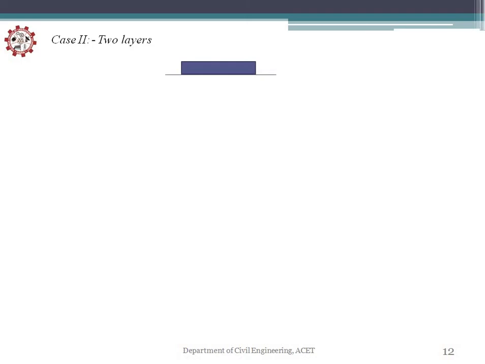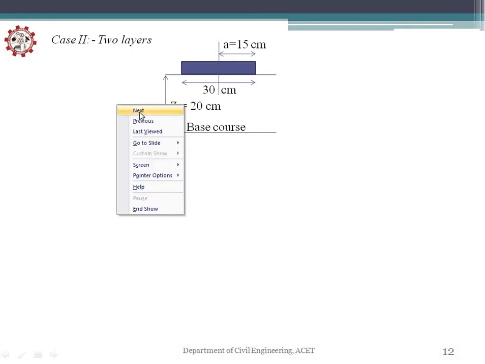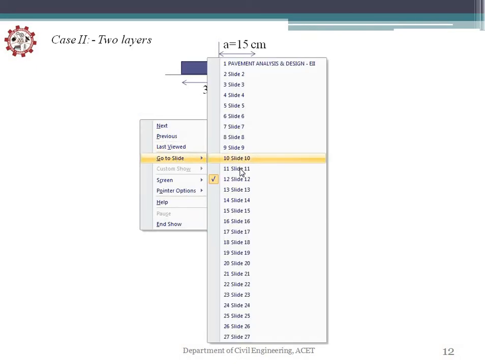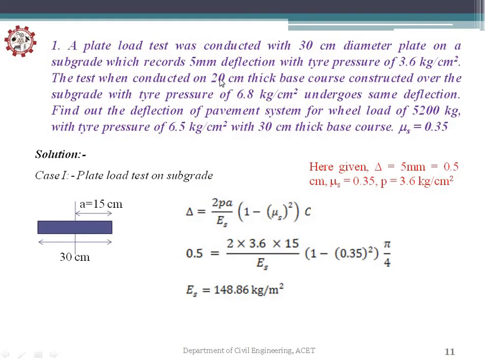So this is your plate, and on this plate you have a 15 as diameter is 30, and you have been given the depth. Okay. Second condition, depth is given to you as 20 centimeter base course. Okay, so in previous slide number 11, you can see that the test was conducted on a 20 centimeter thick base course.